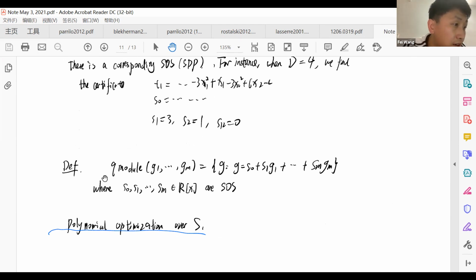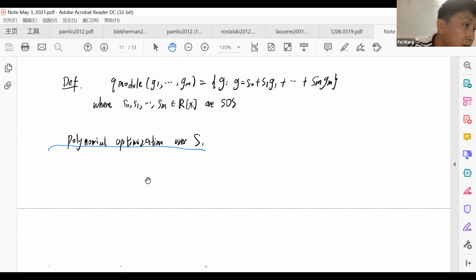The quadratic module generated by G1 through GM is defined as all the polynomials G such that G is equal to S0 plus S1 G1 plus dot dot plus SM GM. So there are no products of the G's. Here, of course, S0, S1, SM are sum of squares polynomials.